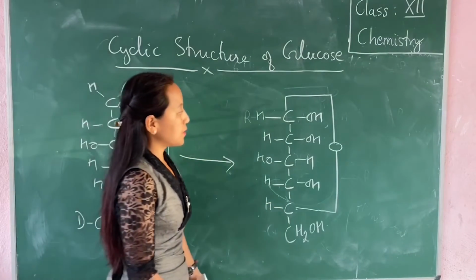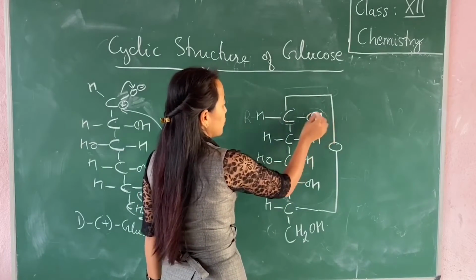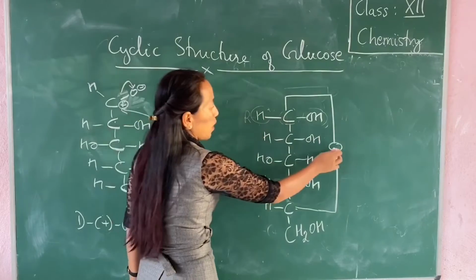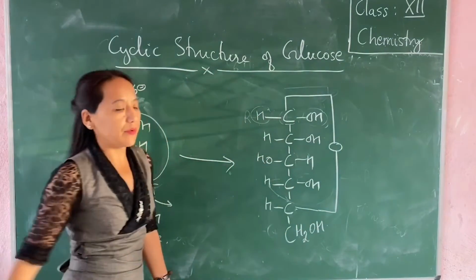You can see that this carbon consists of one OH group, one H, and one OR group, and then an R group. So hemiacetal is being formed.